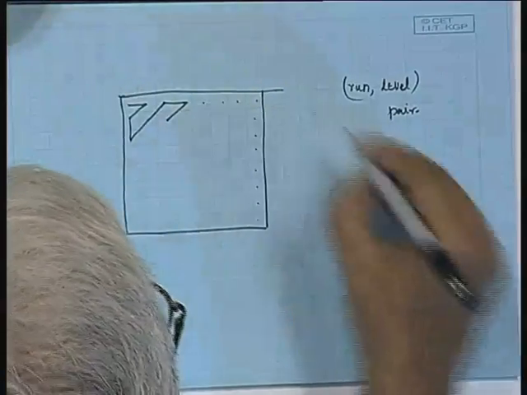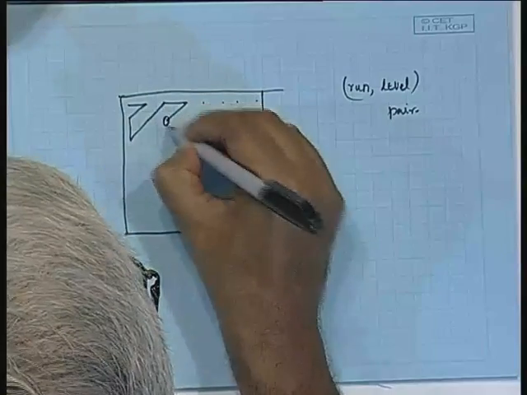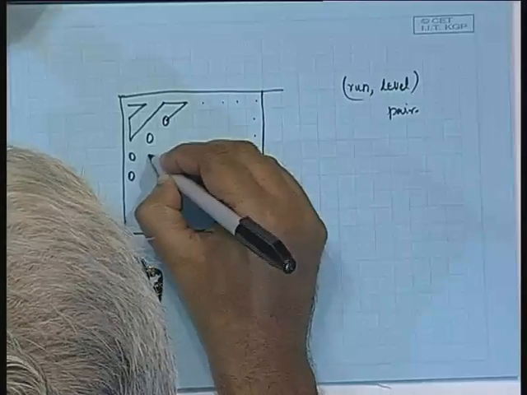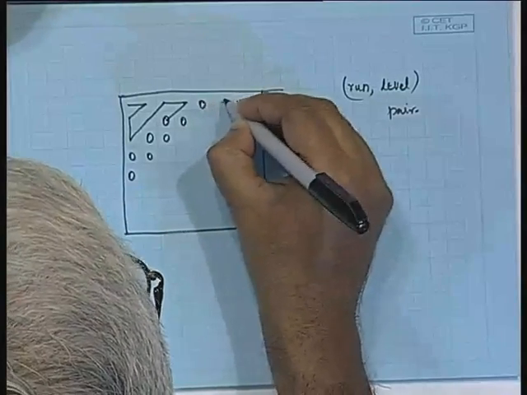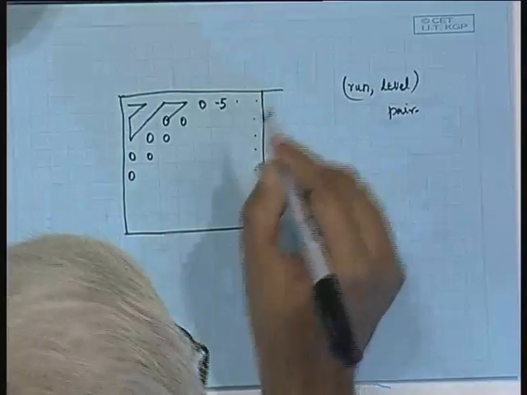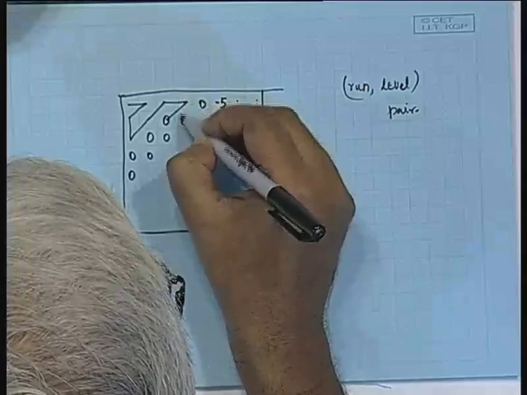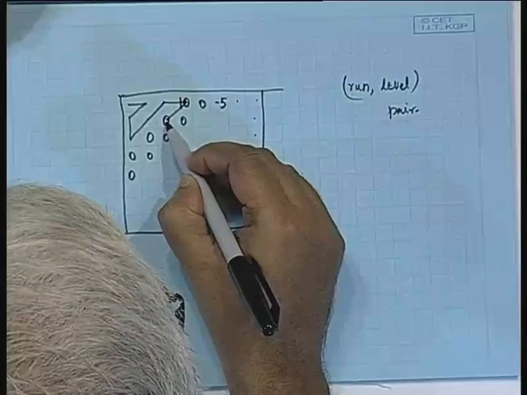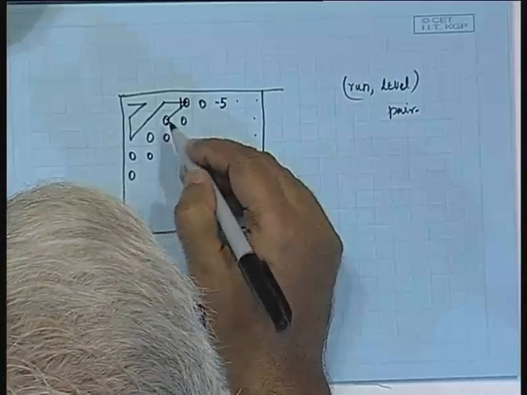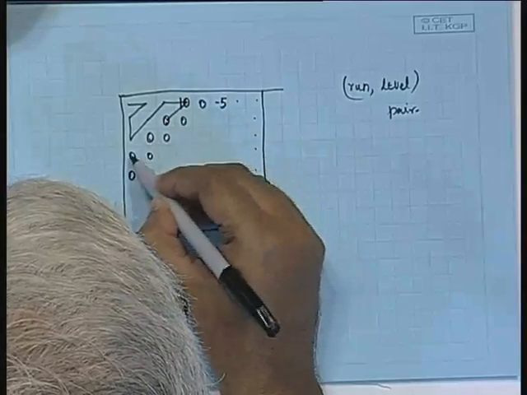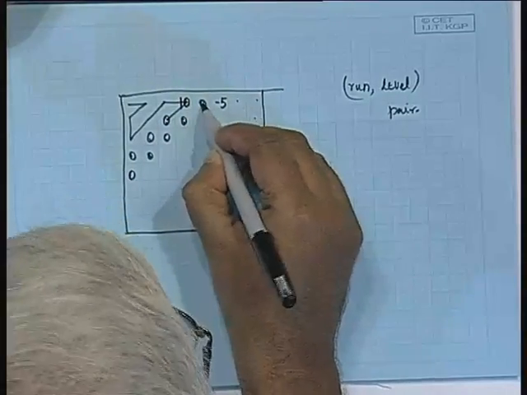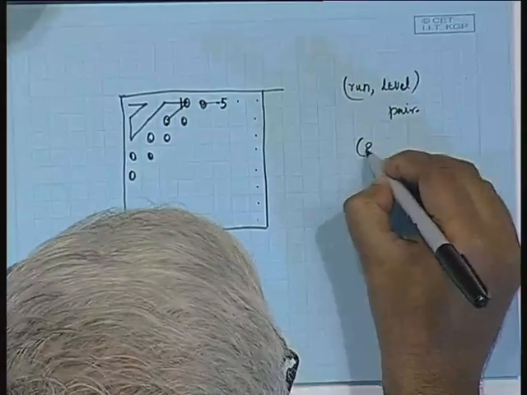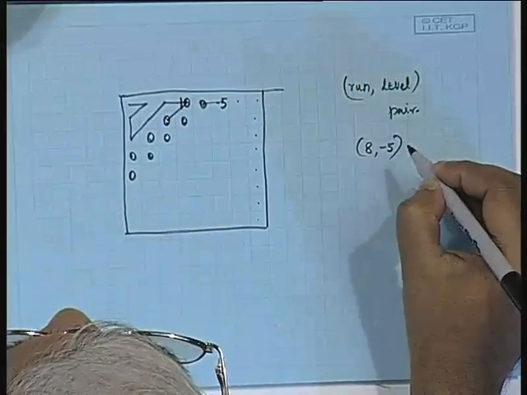So, a simple example is that supposing here we have a 0, say all these are zeros, and here we have some non-zero value, let us say minus 5, and here also some non-zero value, let us say 10. Here the runs of zeros start: 1, 2, 3, 4, 5, 6, 7, 8, there will be 8 zeros, and after 8 zeros there is a level of minus 5. So, we will call it 8 comma minus 5.